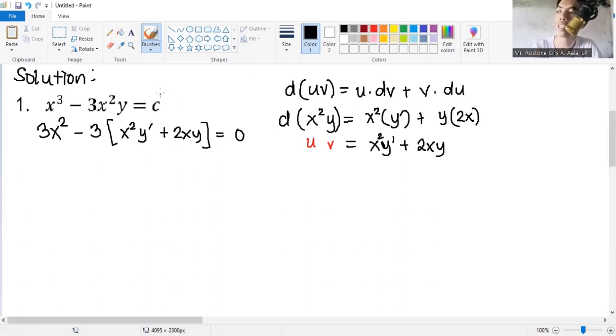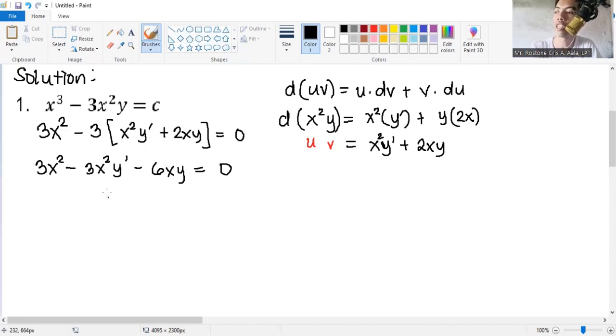So, ang gagawin lang natin dito ay isi-simplify natin yung ating given expression. So, we have here 3x squared minus 3x squared y prime minus negative 3 times positive 2 is, okay, minus 6xy is equal to 0.